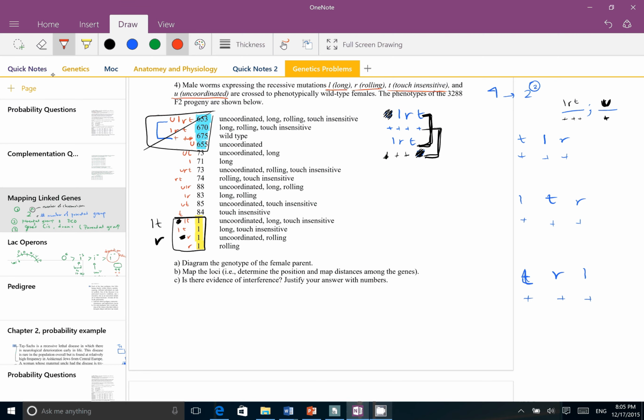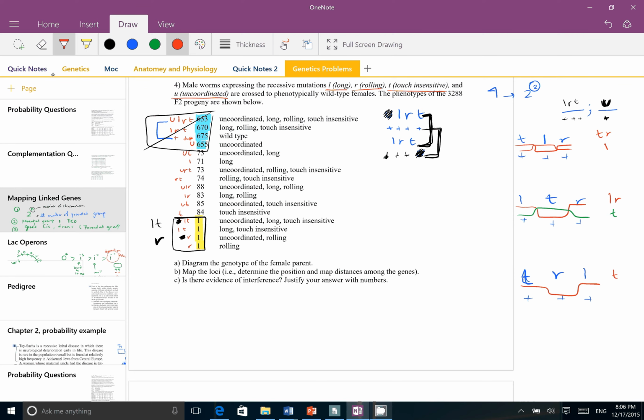So here I have T crossing over down, and then R. So I have T and R on the same one, and here I have L on its own. Same thing. I have L going down, coming back up for R, L and R, then wild, T wild, so I have T on its own. Now I have T going down, coming up.